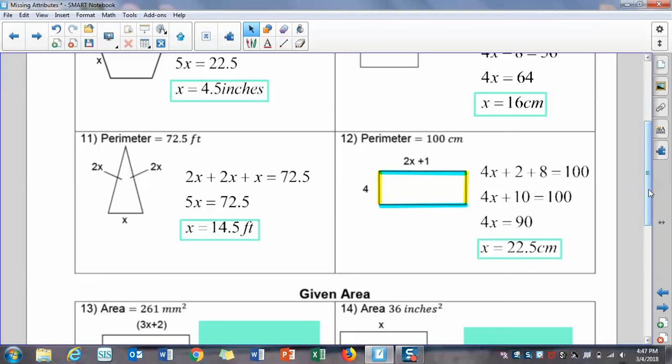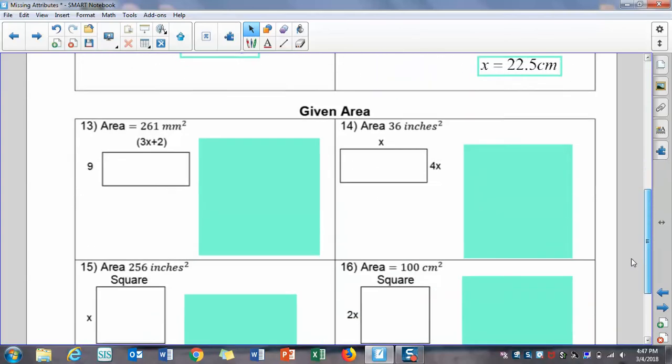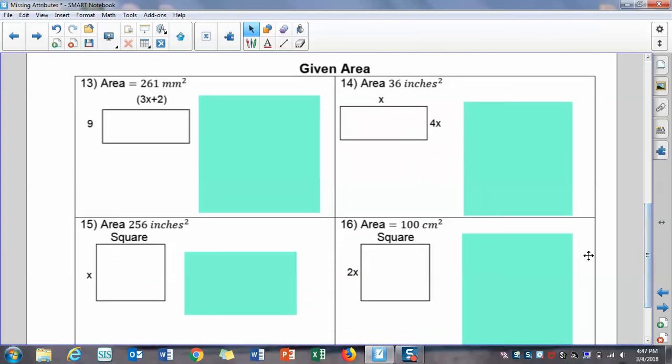So setting up our expression and setting it equal to the perimeter. Now let's go ahead and do that for area. So here they tell us what the area of each of the rectangles or squares may be. So now we have to come up with our expression first, and remembering that it's going to be length times width.